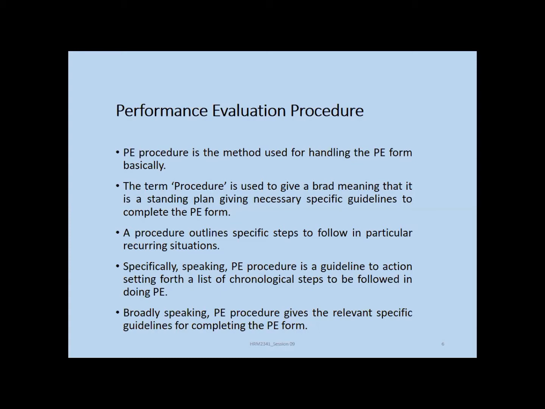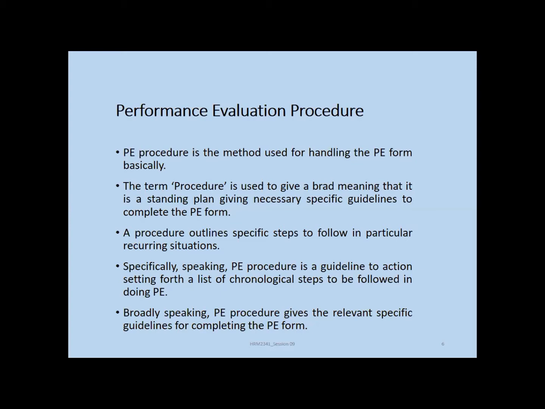Specifically speaking, a performance evaluation procedure is a guideline to action setting. It is a list of chronological steps to be followed in doing performance evaluation. Firstly, what should the evaluator do, then what should the evaluator do next.